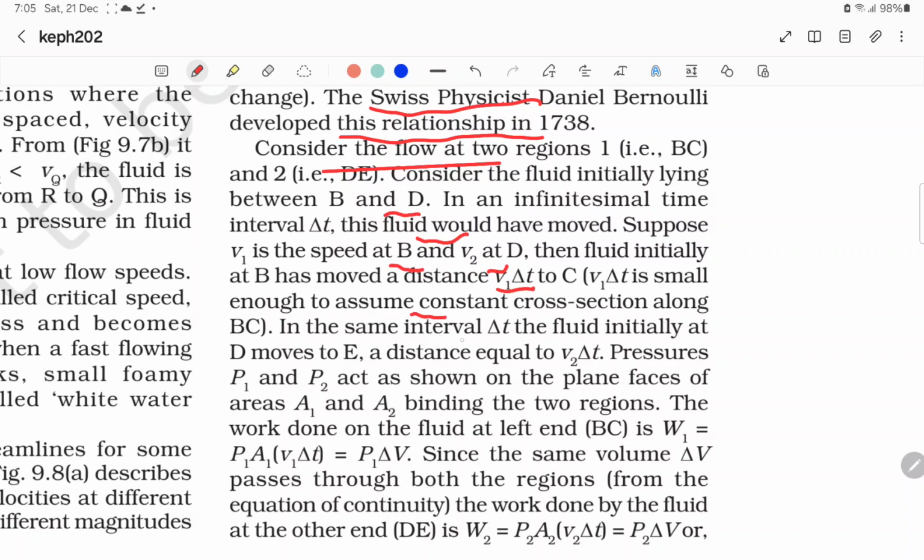In the same interval delta T, the fluid initially at D moves to E, a distance equal to V2 delta T. The pressures P1 and P2 act as shown on the plane faces of area A1 and A2 binding the two regions.